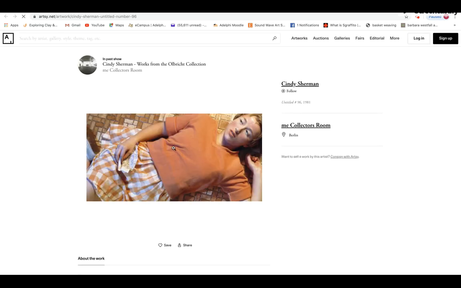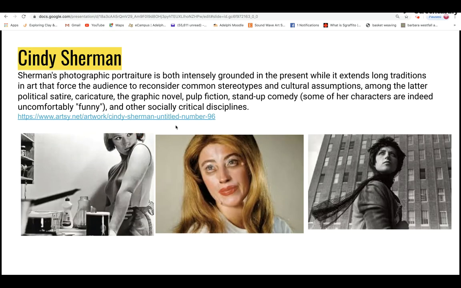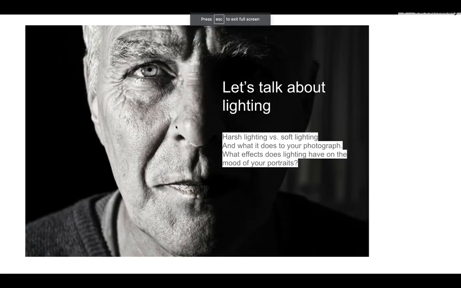Her portraiture tends to reflect somewhat of a selfie genre, but they're actually fictitious characters she's created. The object of discussing those artists is to get them to look at the entire photograph from corner to corner and not just the portrait themselves.